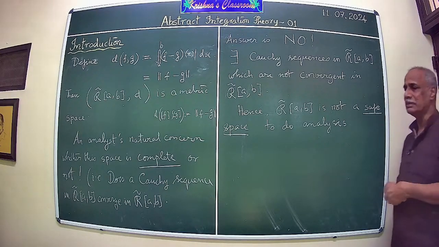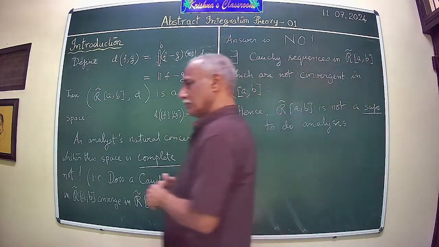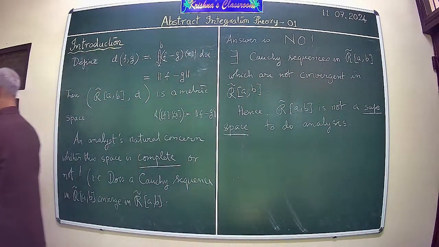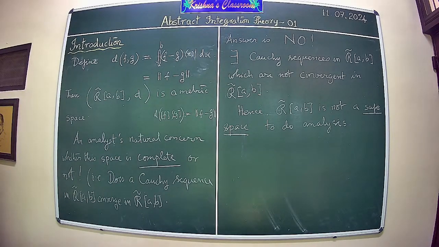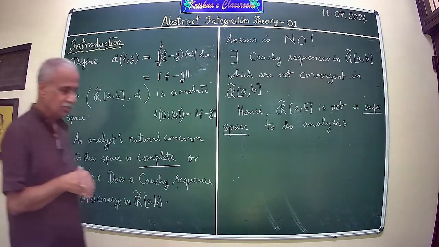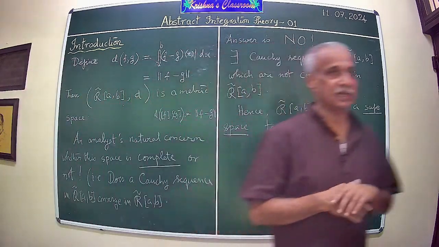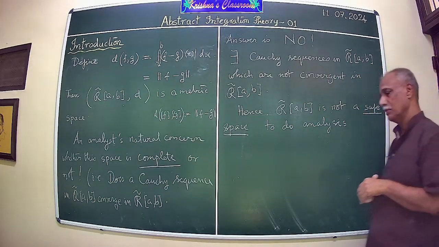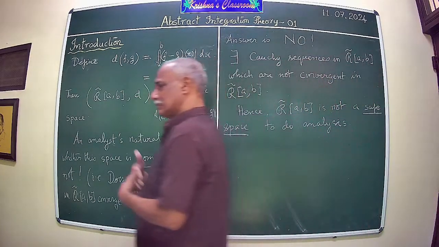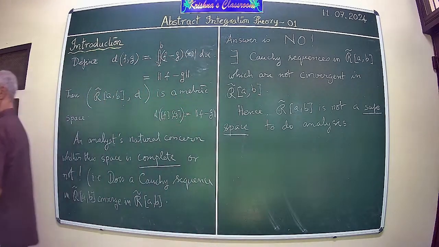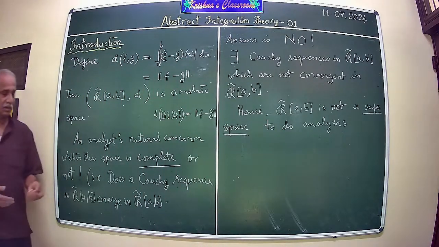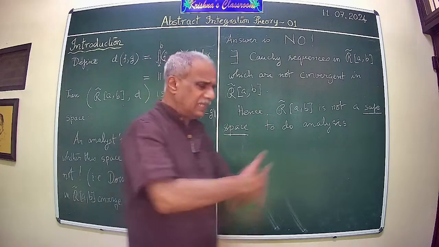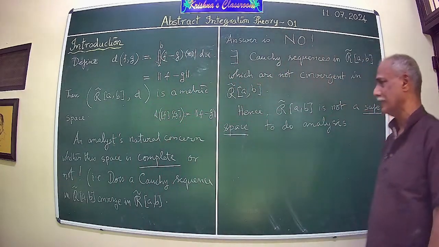It was found that it is not a normed linear space. In fact, an engineering feat made it into a normed linear space, R tilde [a,b]. Then the next step was to ask the question, is it complete or not? And it was found that it is not. That is a big disappointment at that stage.